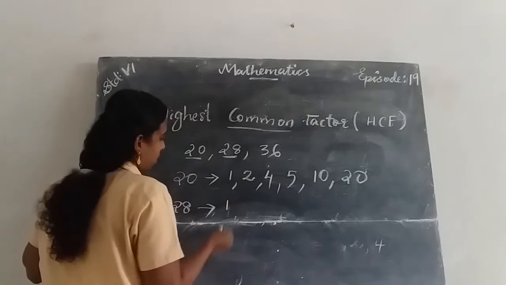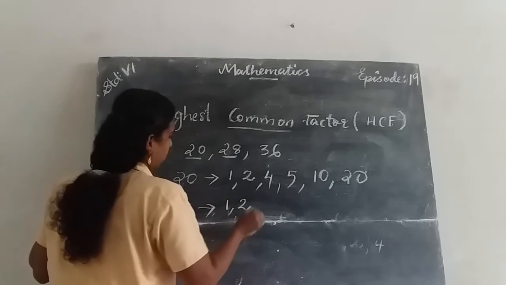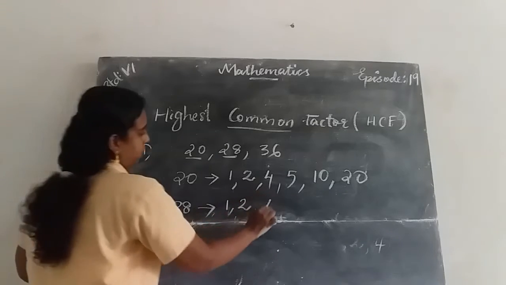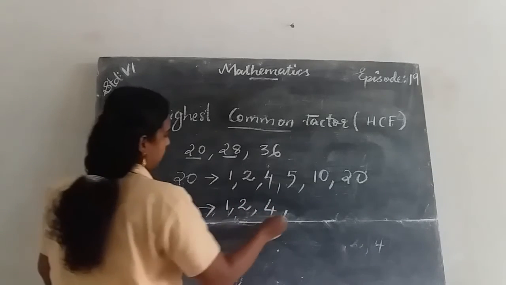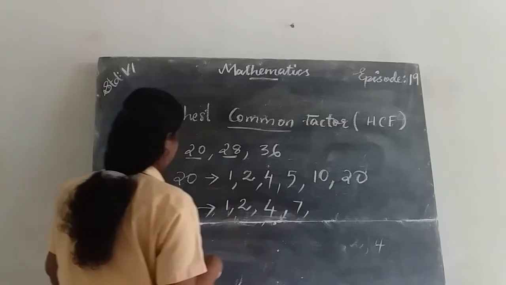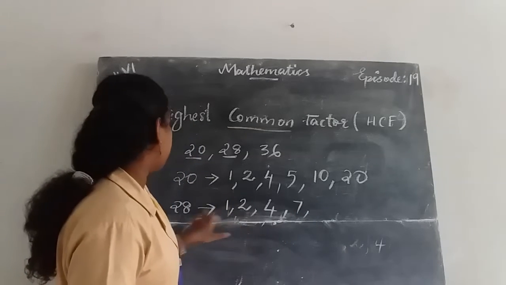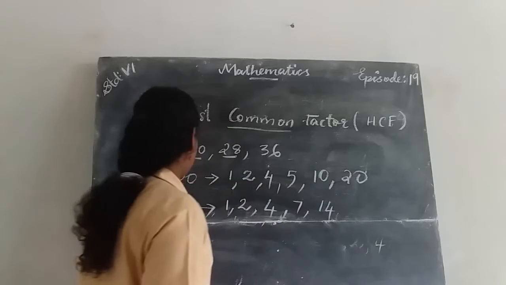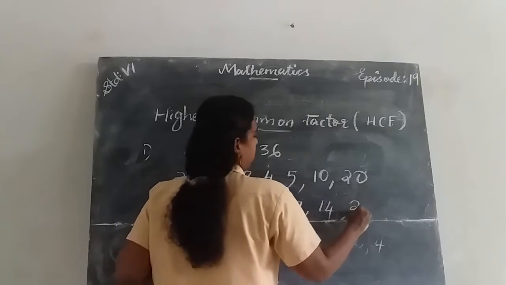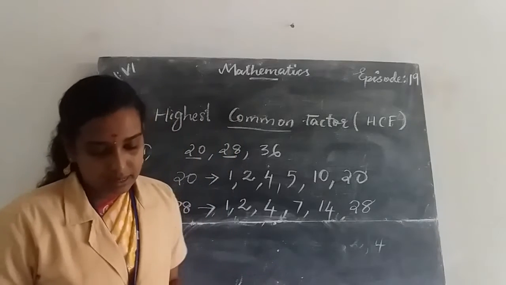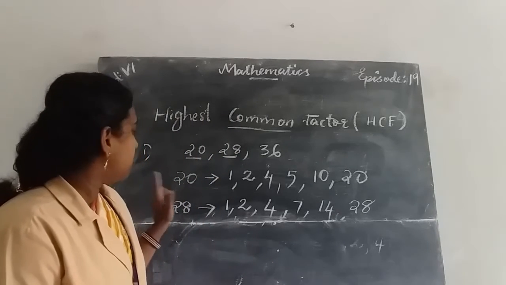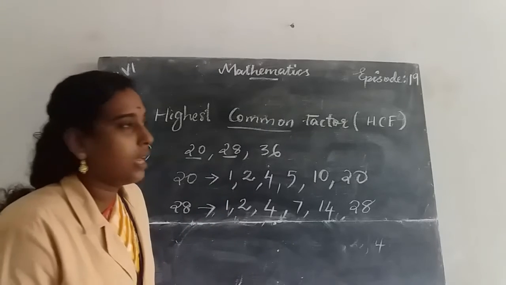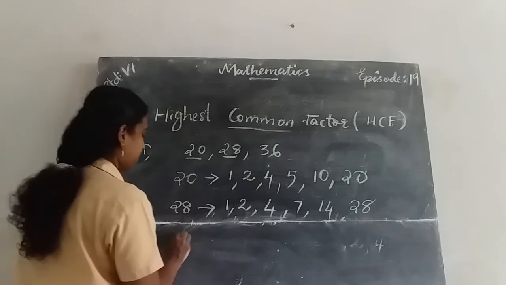Under the table of 1, under the table of 2, under the table of 4, 7, how many 2s are 28? 14. 28 also comes in its own table. And the factors of 28 are 1, 2, 4, 7, 14, 28. And then find the factors of 36.